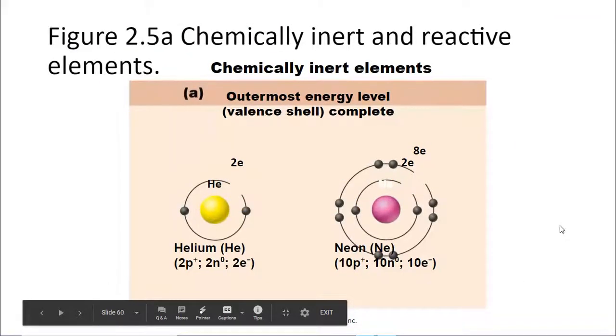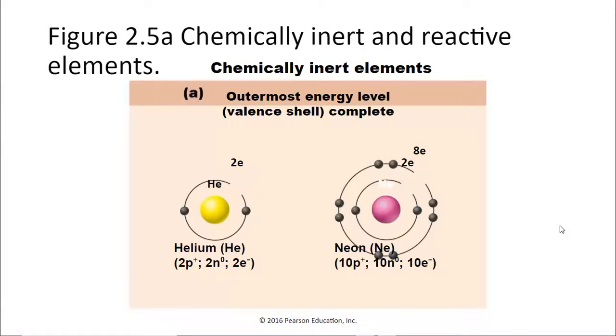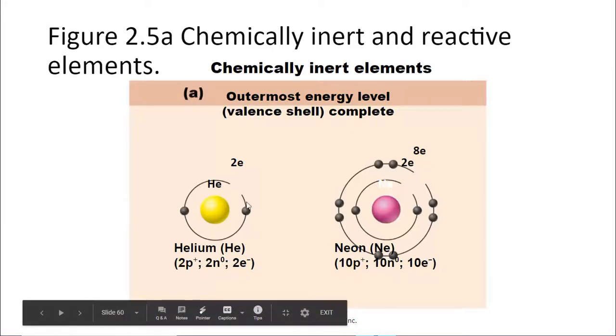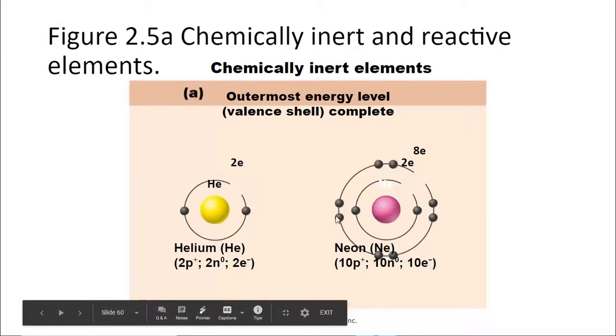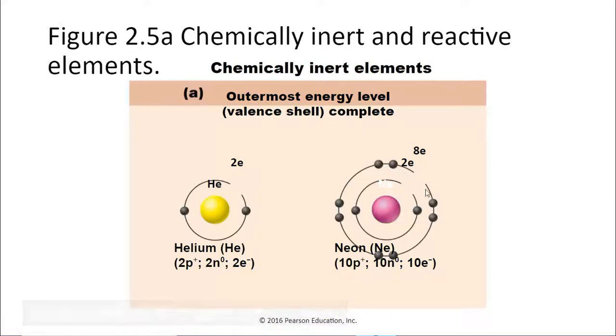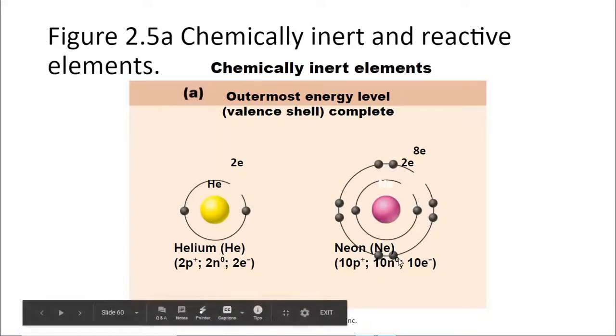All right, so this is just a figure showing you, again, these are two noble gases, helium and neon. Helium, in this case, it has 2 valence electrons, but it has only 1 shell. Therefore, that 2 is all it can fit, and it's full and not chemically reactive. And then you have neon. Okay, if you look in this outer shell, it's valence electrons. It has 8 valence electrons in this outer shell, and that's full for neon.